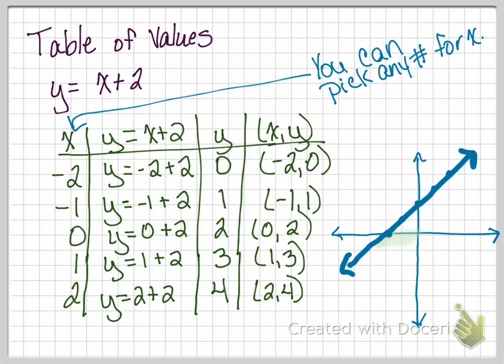Now, does anyone know what this right here is called? The x-intercept? The x-intercept, okay? So that is where this line crosses the x-axis. What is this one called? Y-intercept. That's where this line crosses the y-axis. And that's going to be important for our next way that we can graph lines.